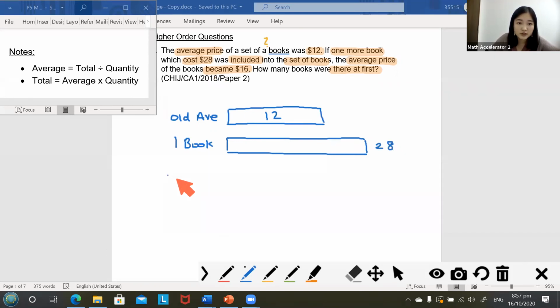Your new average becomes $16 instead. It used to be 12, now it's 16. Okay, let me write it out here.